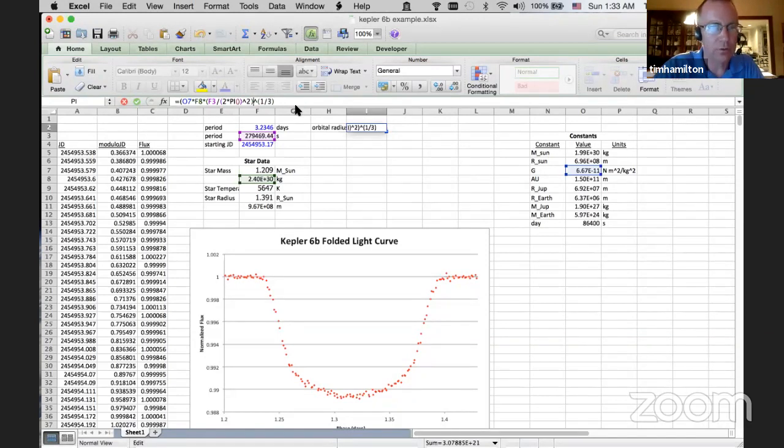It needs to go here. G M, period over 2 pi quantity squared, close parentheses, hold on, I've got one more error.